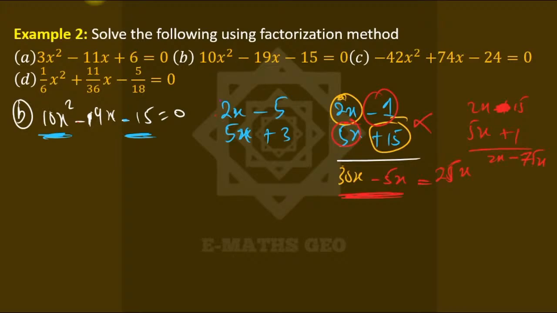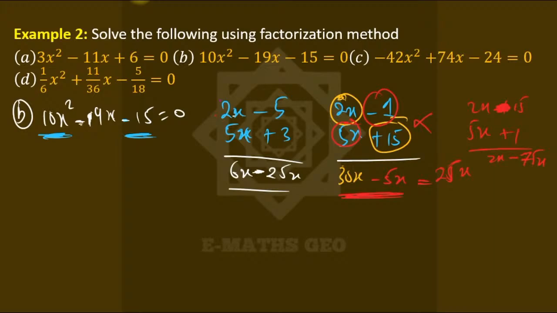Meaning 1 and 15 are off. So the possible one is this: if you do 2x times 3, it gives us 6x. If you do negative 5 times 5x, it gives us negative 25x. And you see that 6 and 25 can combine to give me 19. It is even the answer, because 6x minus 25x is now negative 19x.